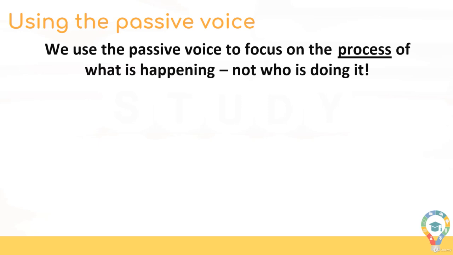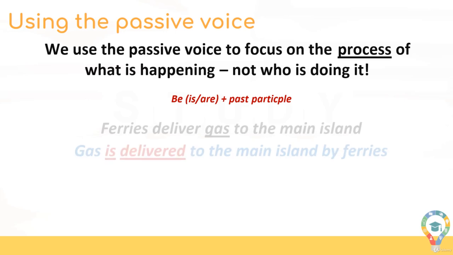So we use the passive voice to focus on the process, the process of what is happening, not who is doing it. And again, it's the verb be, is or are plus past participle. So the passive voice is making your writing more about the action that is happening, not who is performing the action.